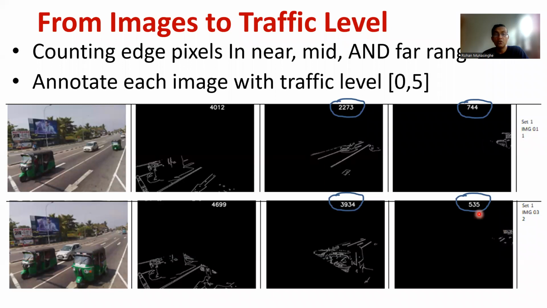Okay, so there are anomalies here when you run this kind of algorithm, right? And of course, these things can be corrected if you position your cameras accordingly, so that you are high enough to see the vehicles in the front area separately from the mid area and the far area, right?